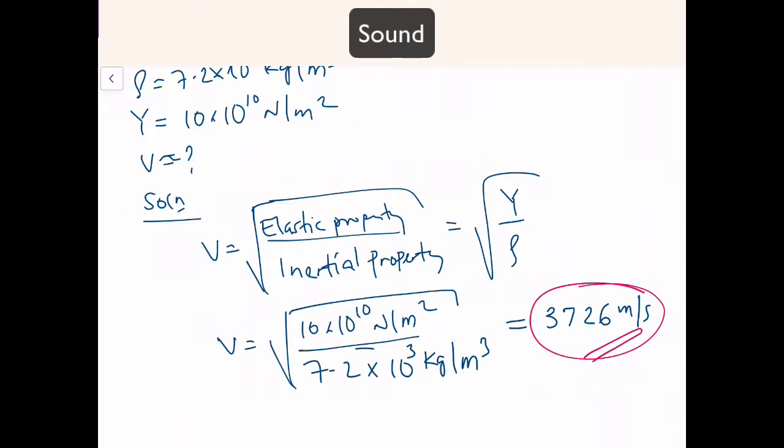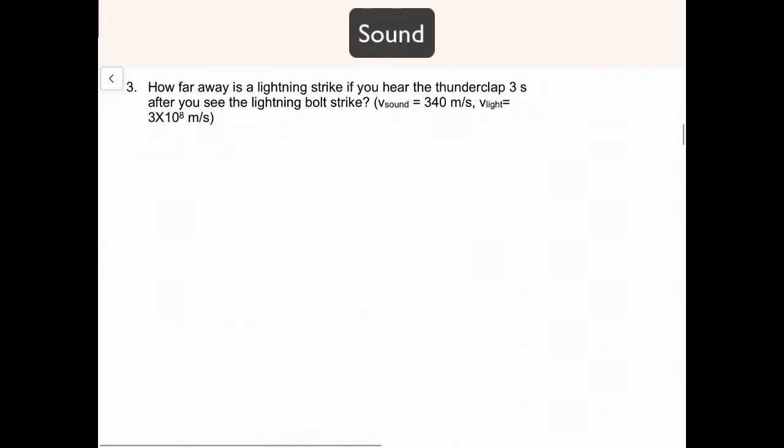Then you can go to the next problem. The next problem states: how far away is a lightning strike if you hear the thunderclap 3 seconds after you see the lightning? The speed of light is 3 times 10 to the power of 8 meters per second, which is way larger than the speed of sound.